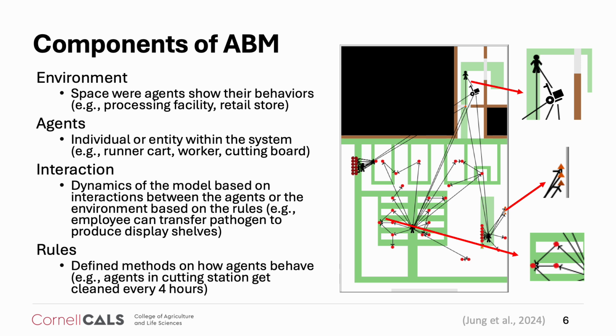Meanwhile, the agents in other locations like dry display shelves get cleaned less frequently than the agents in the cutting station. So different rules can be applied to different agents. Therefore, ABM allows us to simulate the behaviors of all these different components that could go into the model simultaneously.